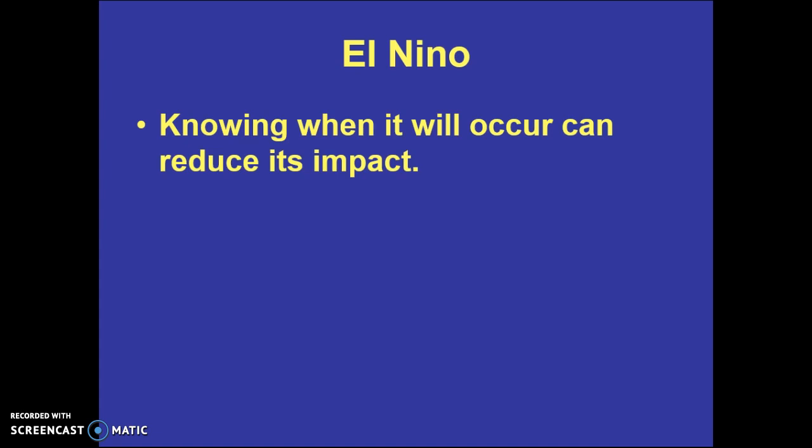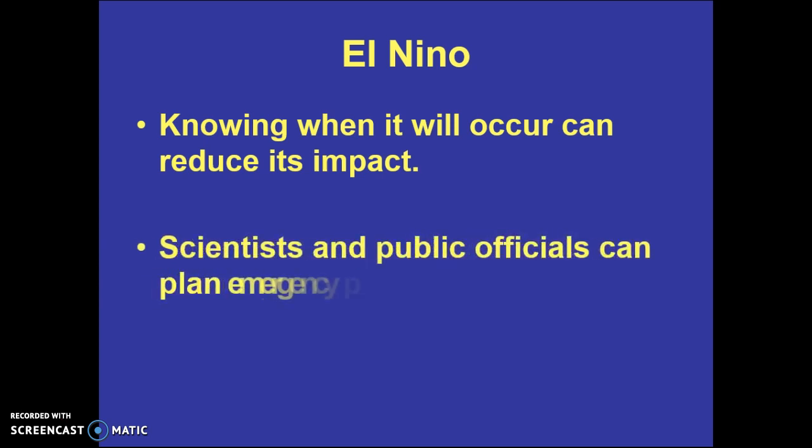We can't totally predict it at this point, but we can often predict it at least a little bit in advance. We can say that there are some years of El Nino coming up soon or something like that. So a lot of scientists and public officials use this bit of prediction in order to prepare and get emergency services ready.